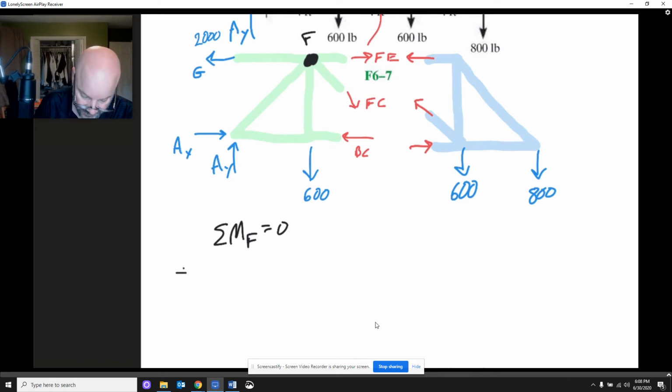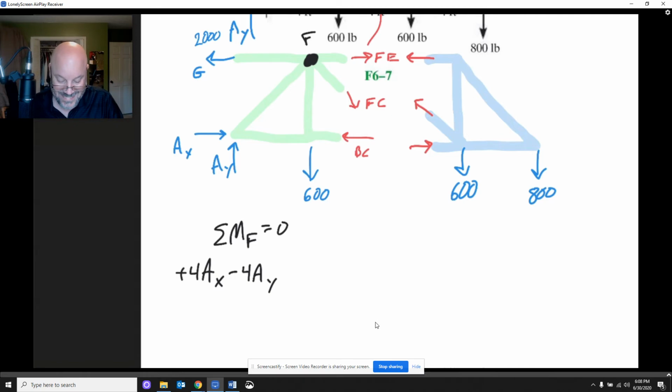So I've got plus 4AX. And then AY is also a distance of 4 away, talking about its line of action, but it's negative. It's clockwise, so I got minus 4AY. And then I've got BC, and BC is also going to be clockwise. So I'm going to put minus 4BC is equal to 0.